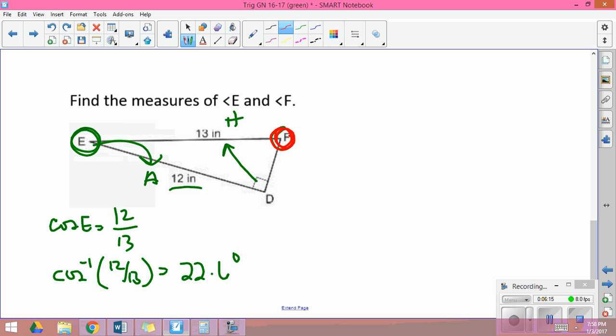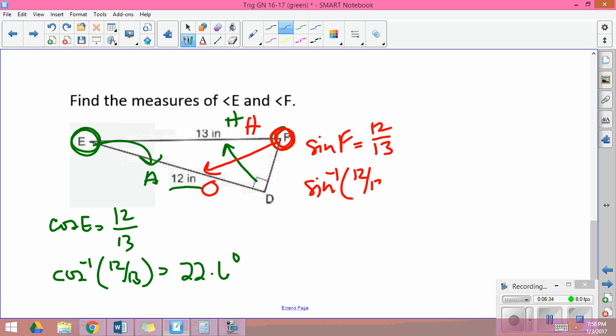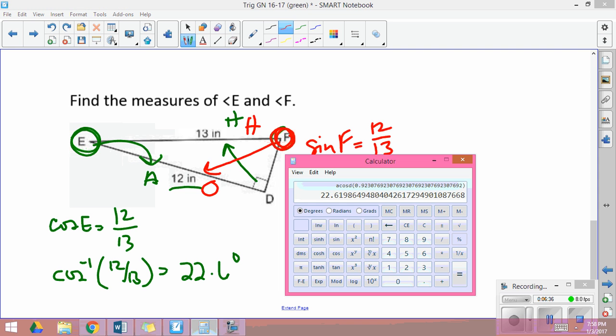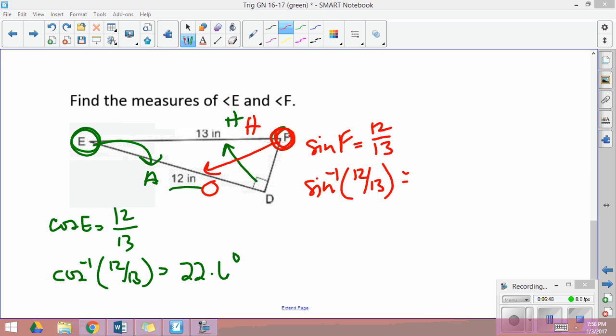Based on F, hypotenuse is still hypotenuse, but this becomes the opposite. So we're really looking at the sine of F is equal to 12 over 13. And if we take the inverse of that with our calculators, go back to our calculator and clear, and say 12 divided by 13, and hit equal, and then do inverse sine, we get a 63.4 degree angle.